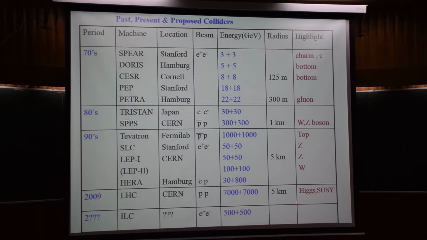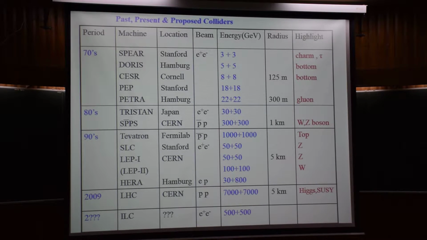And the physics highlight is the Higgs boson discovery and the ongoing search for new bosons. Okay? And at some future date, we hope to probe this 1 TeV kind of energy range with an electron-positron collider. We do not know where and when, but we have a name. It is called the International Linear Collider.